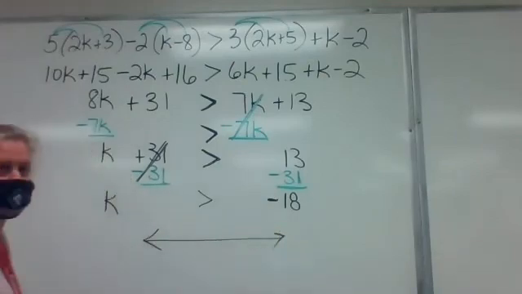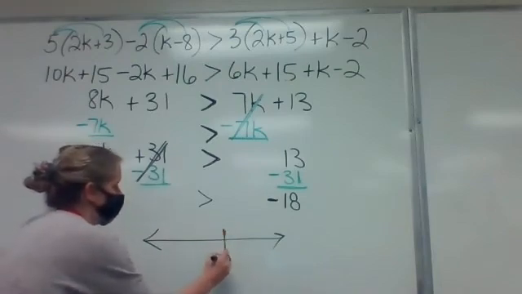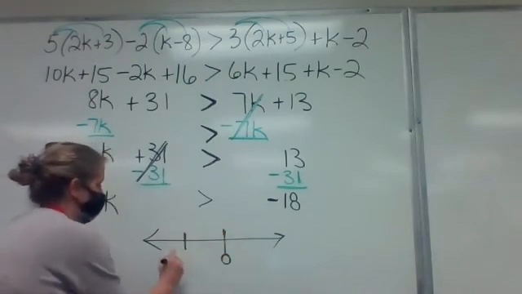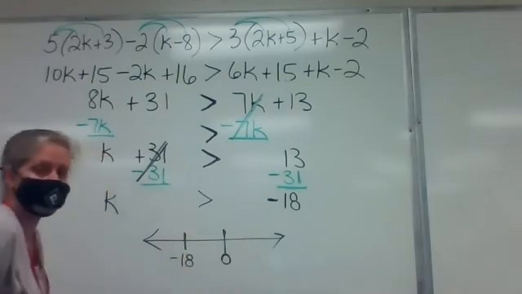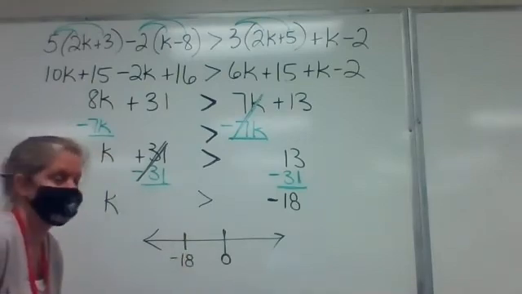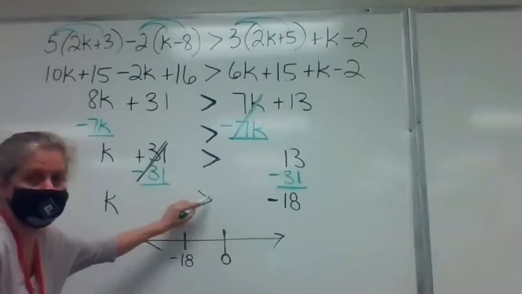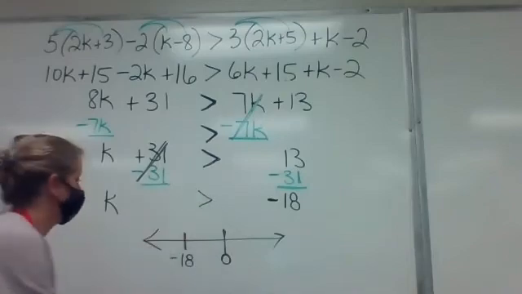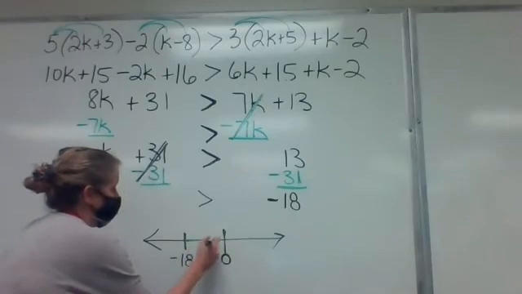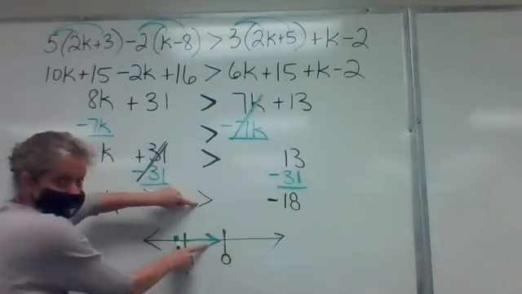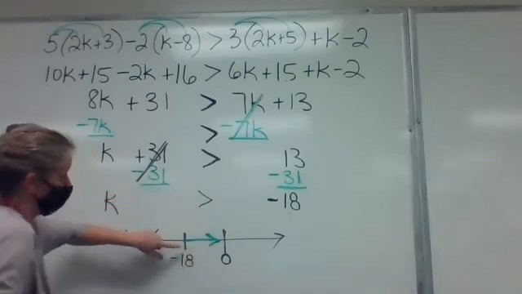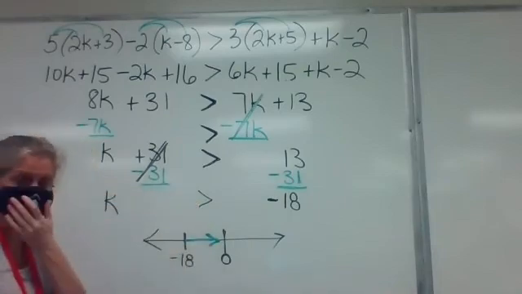So on my number line, if 0 is here, negative 18 is on this side of it. Draw your arrow. Your arrow will go in the same direction as this symbol. I'm pointing my arrow in the same direction. These two things match each other. Negative 18 is going to have a parenthesis around it, right?